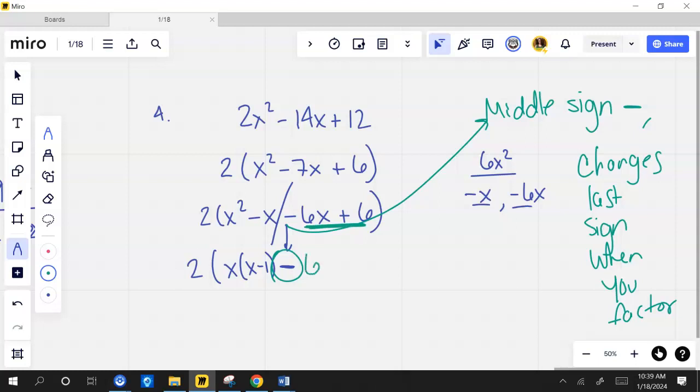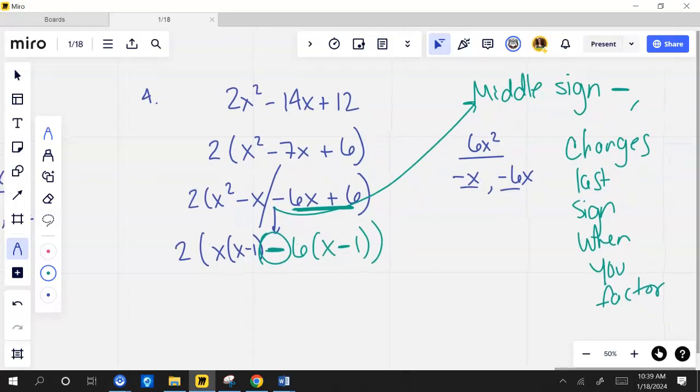I'm really factoring negative 6 out of this because of this minus sign, which means it leaves me with x minus 1 instead of x plus 1. Because remember, I told you if your factors here don't match exactly, you've done something wrong. So when the middle sign is minus, it changes that last sign. Now I have 2 times x minus 1, and what's left here is x minus 6.